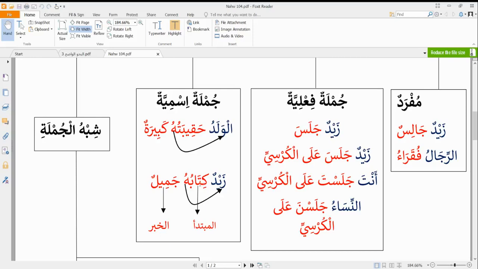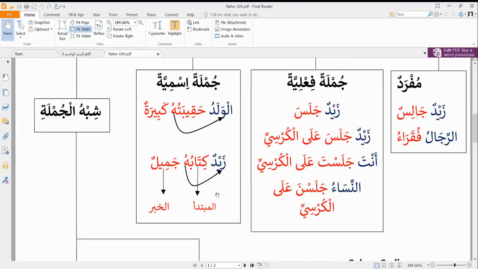So kitab is a mubtada, and jamil is the khabar to kitab, and kitabuhu jamil is a Jumlatun ismiya. So this entire Jumlatun ismiya is now also the khabar to Zaid, because this is now describing Zaid, that Zaidun kitabuhu jamil, Zaid's book is beautiful.